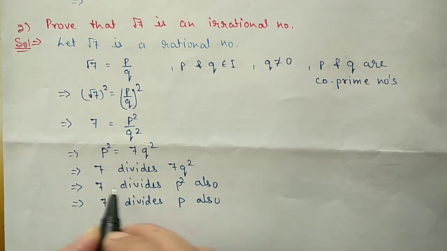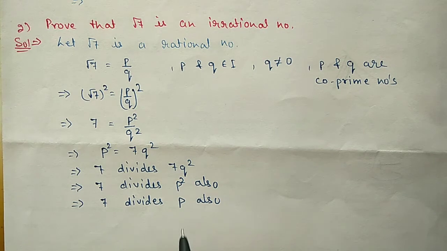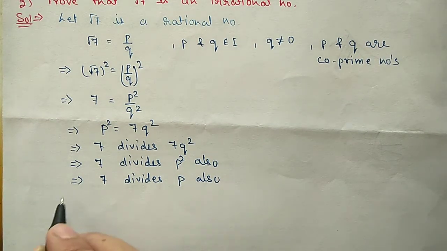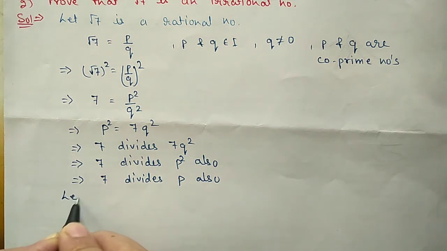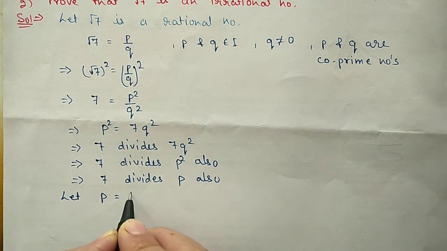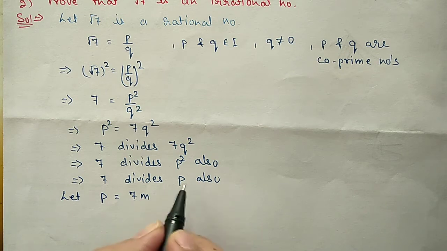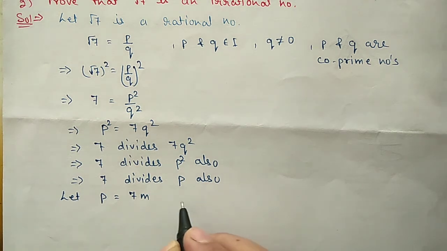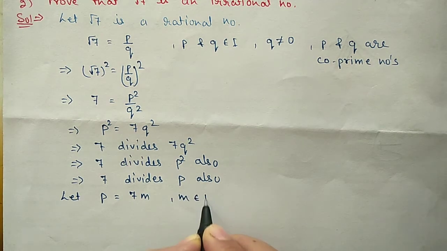If any number is dividing a square number, it will definitely divide the square root of that number also. Now we can take let p be equal to 7m, because 7 divides p, so it means p is a multiple of 7. We can take it as 7m, where m is any integer.